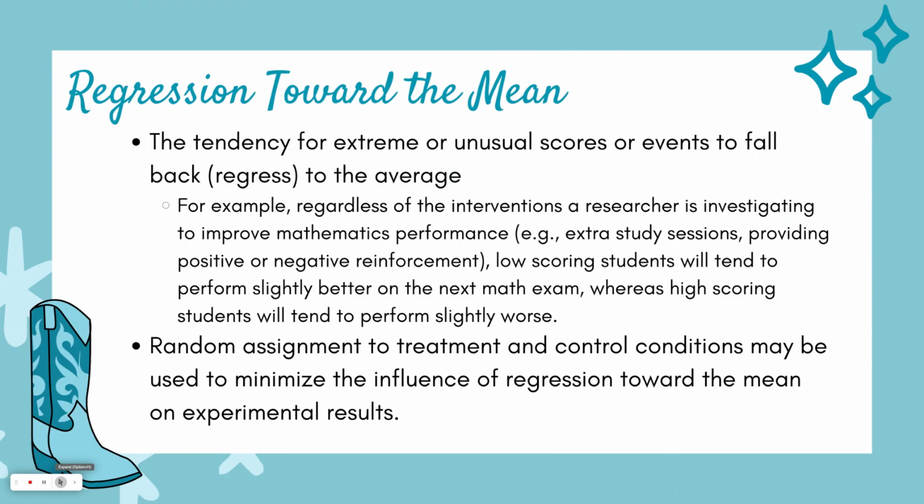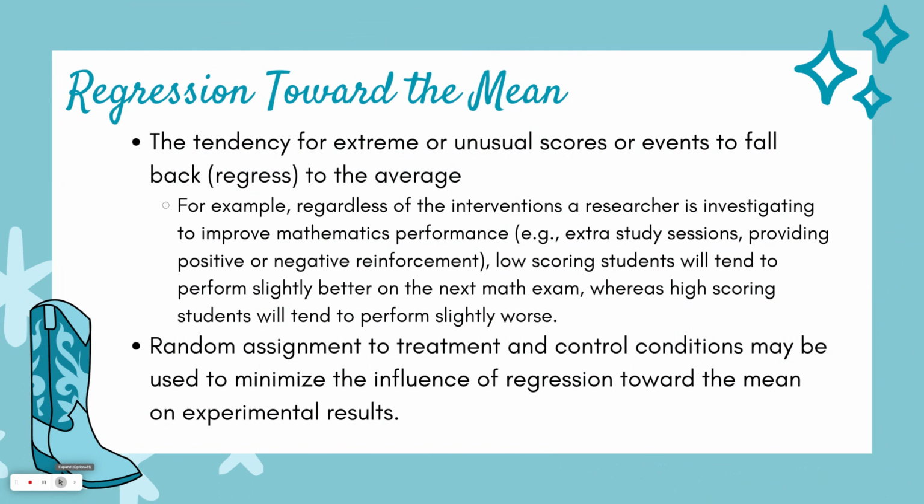So, for example, if someone is studying math interventions, regardless of the math interventions that a researcher is investigating to help improve someone's math performance, for example, providing extra study sessions, providing things like positive reinforcement, like rewards for scoring well, low scoring students will tend to perform slightly better on the next math exam, whereas higher scoring students will tend to perform slightly worse, meaning they have this natural tendency to go back to their average.